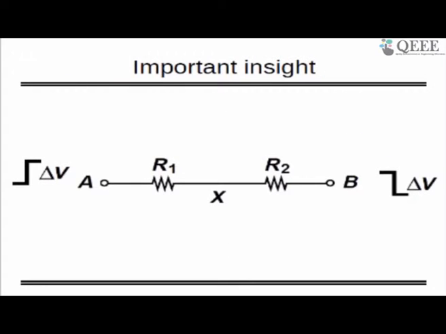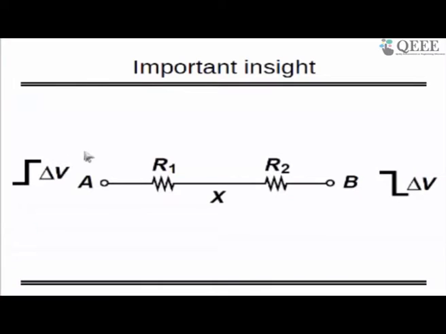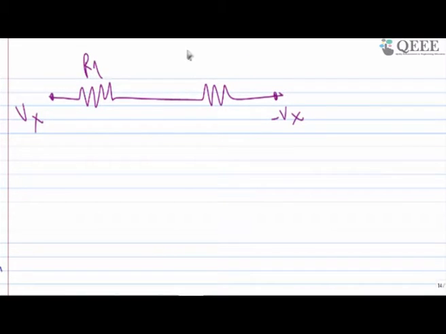Other than that, I'll tell you one simple insight of the circuit. There is one more important thing people encounter; they find these kinds of circuits many times. If there are two resistances, and this potential is called minus Vx, so it's delta V and this is minus delta V, right?